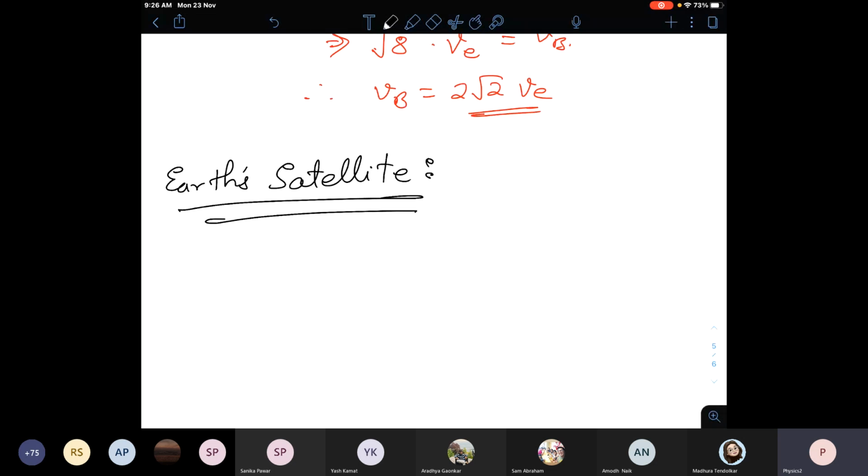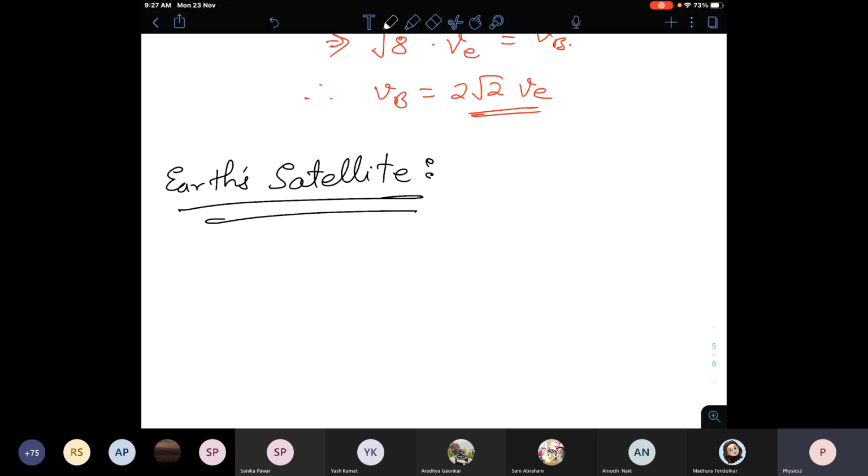Planets are very large, satellites are smaller in size, very small objects compared to a planet. So a satellite is something small which revolves around a fixed orbit around a planet or any other thing.